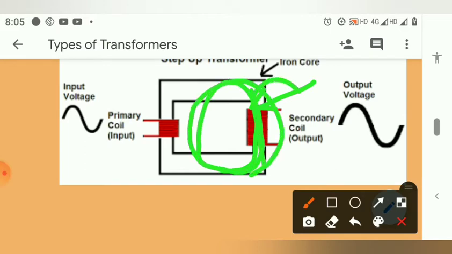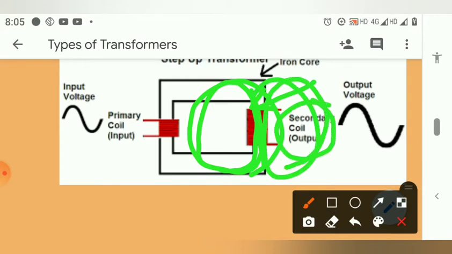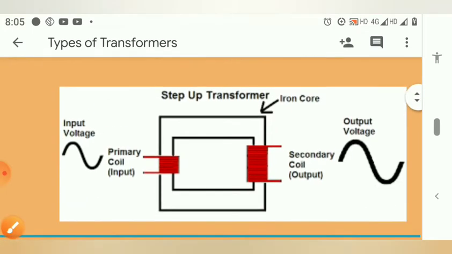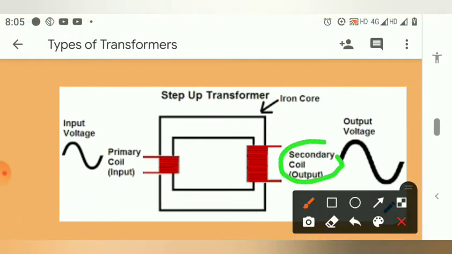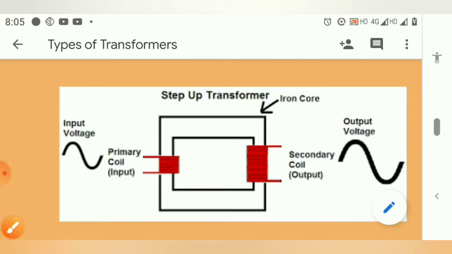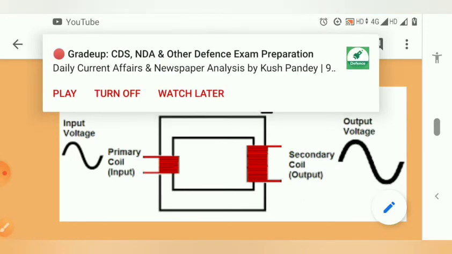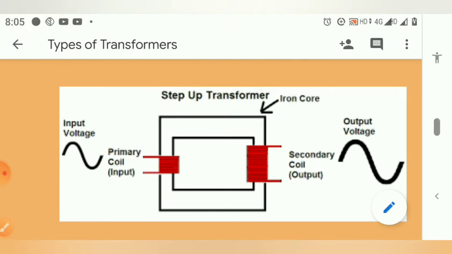Now we get the output at the secondary coil. We can see that the number of turns on the primary is less and the number of turns on the secondary is more, so it is a step up transformer, because in a step up transformer the primary has fewer turns and the secondary has a large number of turns.